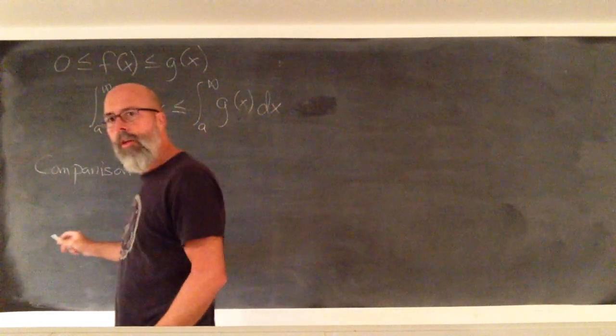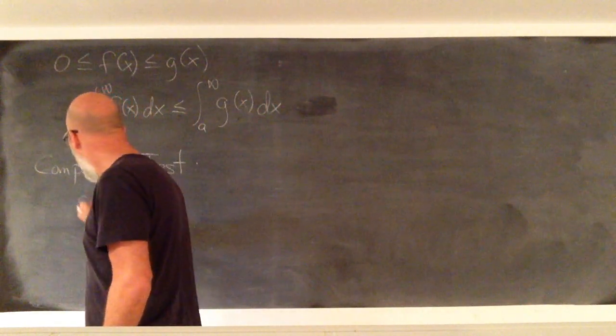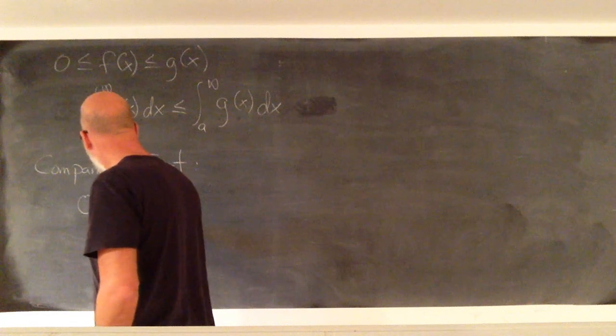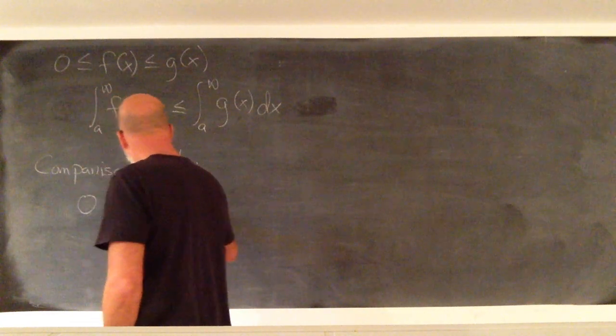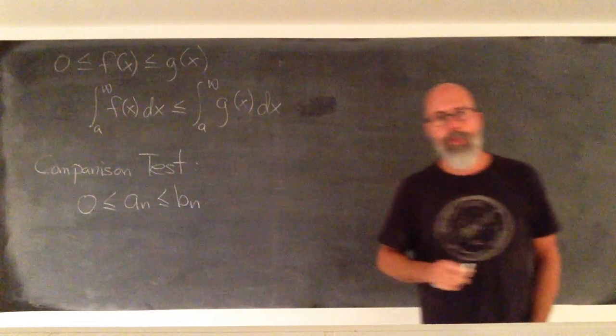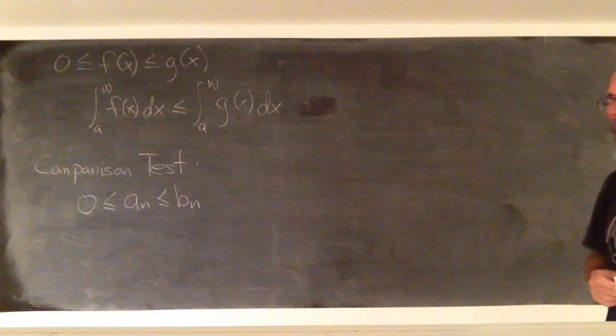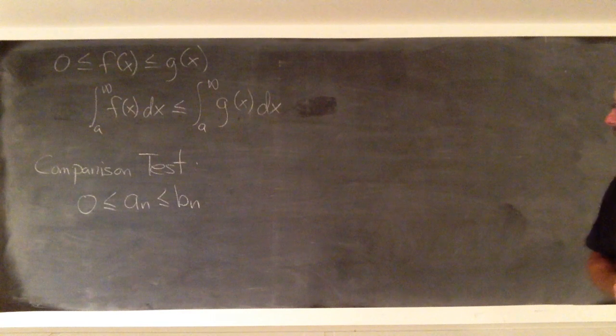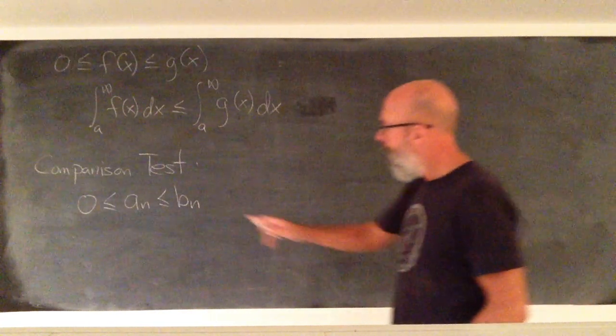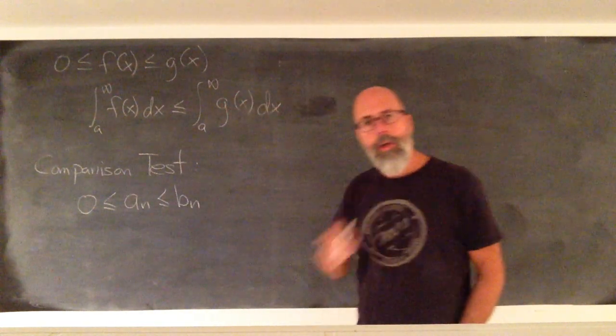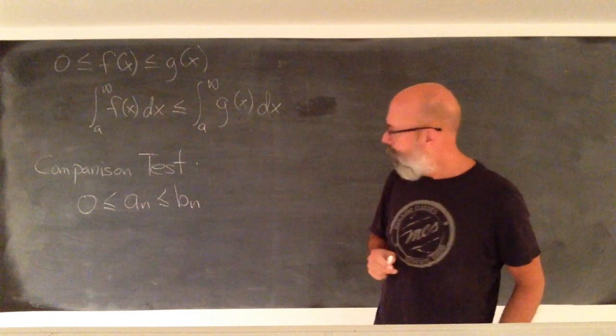Suppose that terms a_n and b_n are related in this way. Then their sum will also be related in the same way.